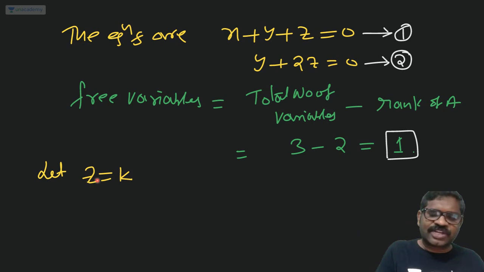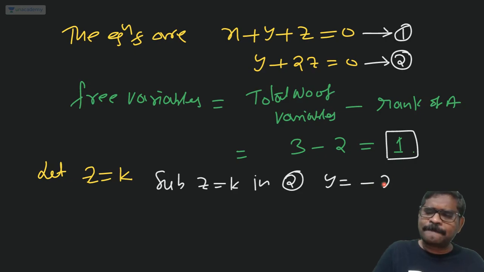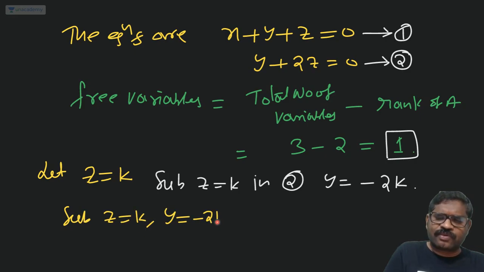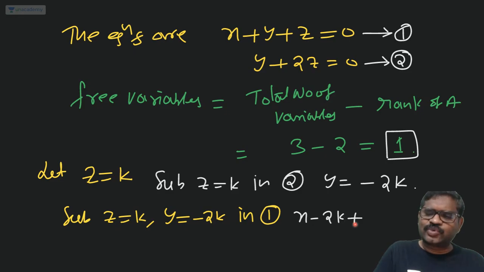Now, substituting Z equal to K in equation 2, you will get Y equal to minus 2K. Substituting Z equal to K, Y equal to minus 2K in equation 1, then you will get X minus 2K plus K equal to 0, X equal to K.